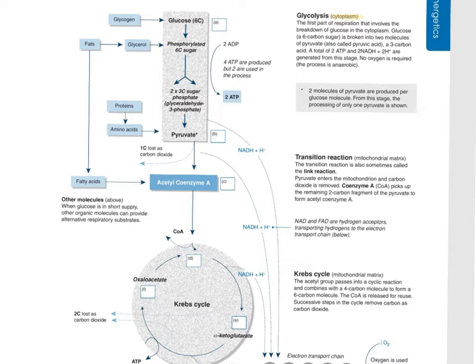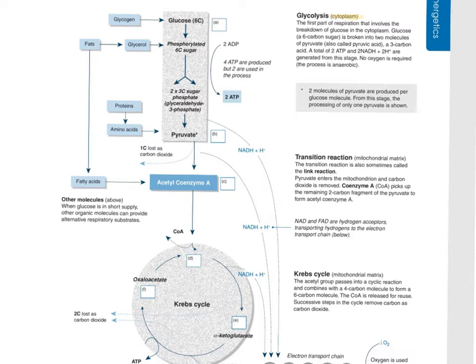Because if you didn't use it, it's going to turn into fat. But if you used it, it got broken down into pyruvate, and then what did you do with the carbon from that sugar? You breathed it out. You made CO2. You turned that chocolate bar into carbon dioxide, and you breathed it out. That's what your breath is.